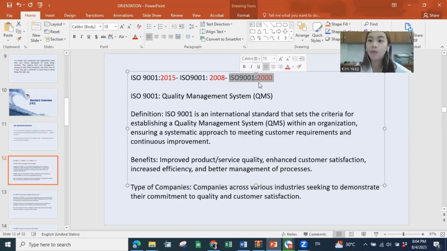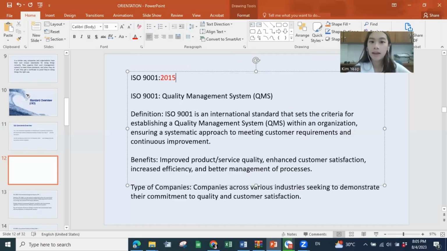So you can't be following a very old version. So the ISO body, every few years, will sit down and discuss: is there any upgrading? Are there any changes needed for the standard? So every few years there might come new changes. The last changes were in 2015.